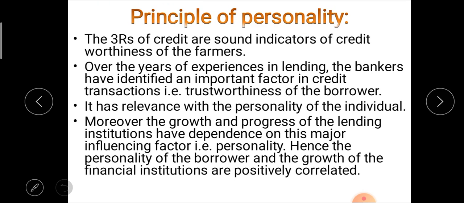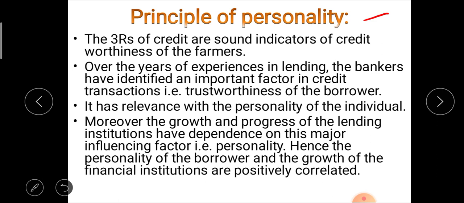After that, the second P, the principle of personality. This principle is closely related to the first C, that is, character. The character of the borrower, like honesty, integrity, trustworthiness, etc., can affect the creditworthiness of that particular farmer.